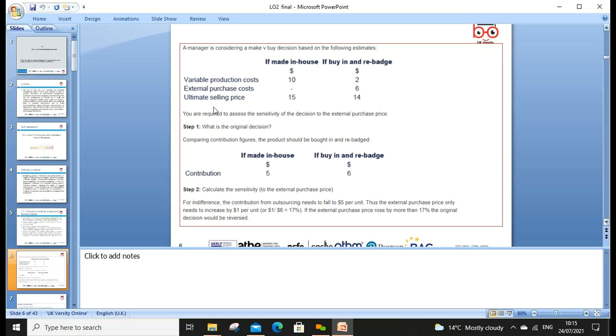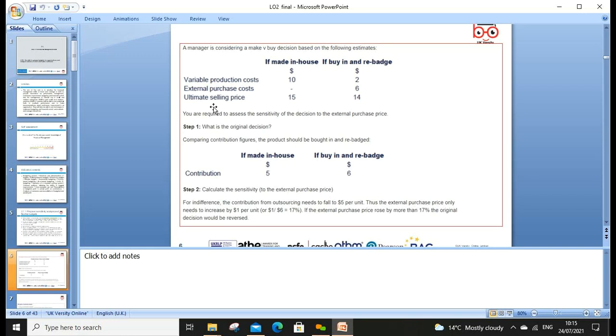So we have a contribution there. Buying is the rebadge, a remanufacturing or something. Okay, so we can say 6 and 5.